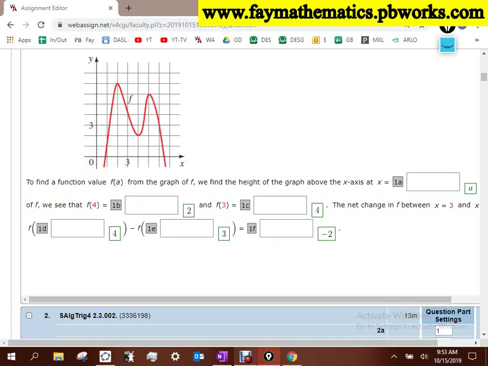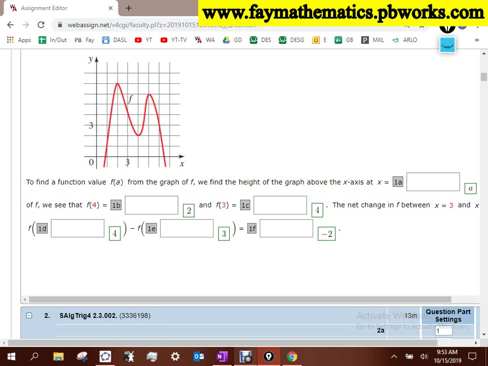You always go to the one that's to the right. So x equaling 4 is to the right of x equaling 3, right? So f of 4 is 2, f of 3 is 4, and those are the values we already found.